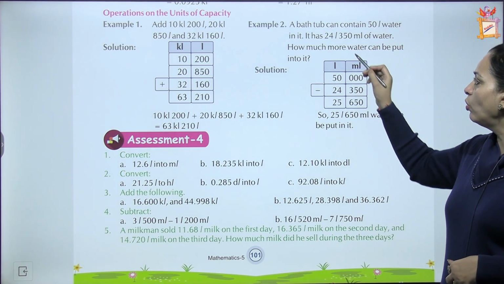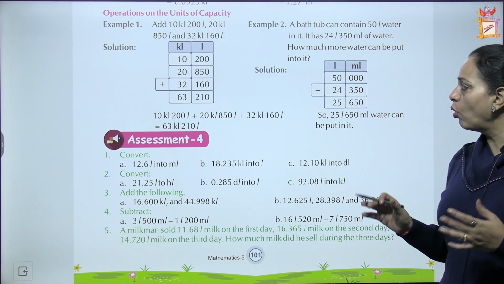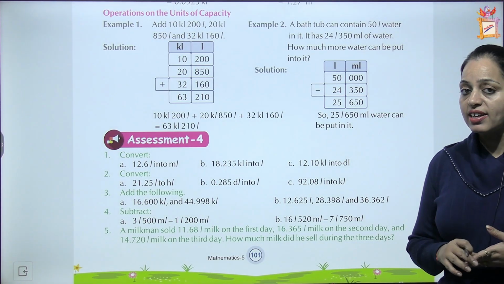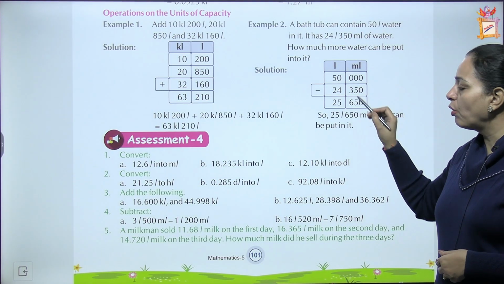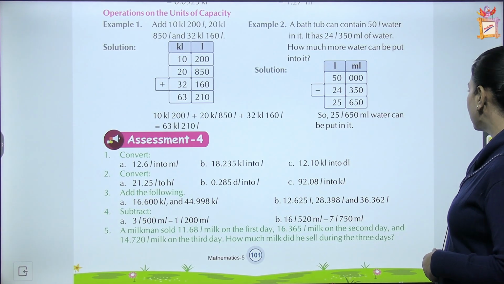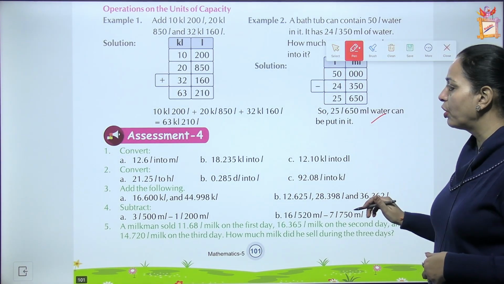It has 24 liter 350 ml of water. How much more water can be put into it? It means total capacity minus what is already there, we will subtract both. This is the answer. 25 liter 650 ml can be put in it.